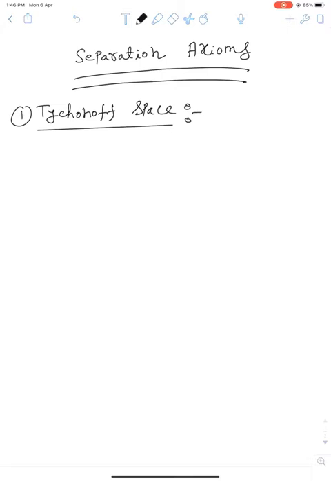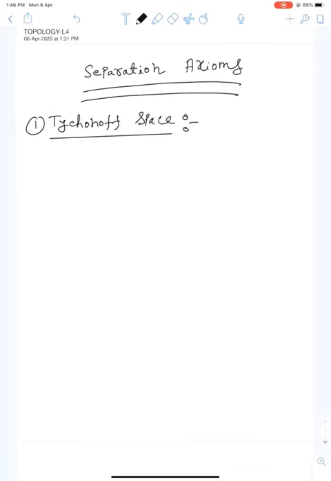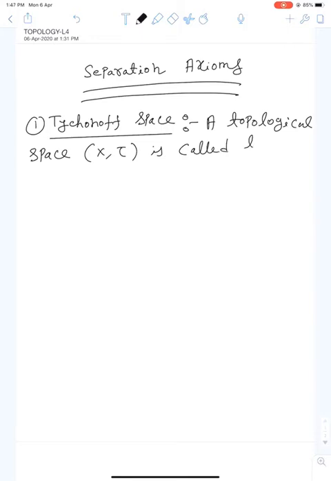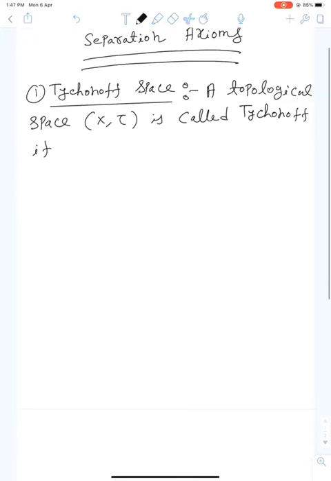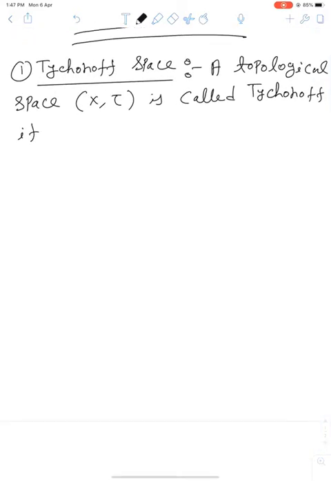So what is a Tikhonov topological space? A topological space (X, tau) is called Tikhonov if any two disjoint points in X are separated.